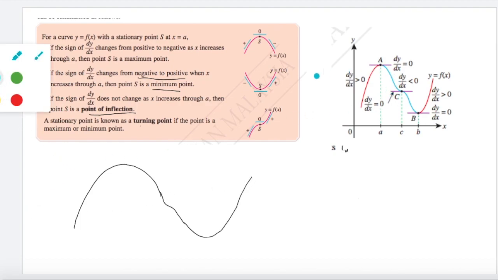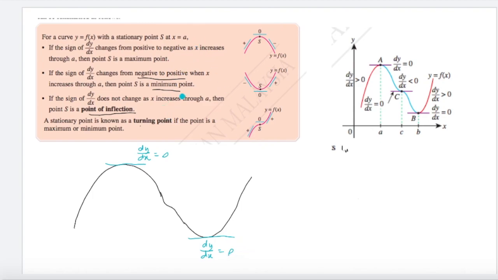Now we see the first derivative, dy dx. There is no ruler, so it is not nice. When there is a maximum point or minimum point, dy dx equals 0.